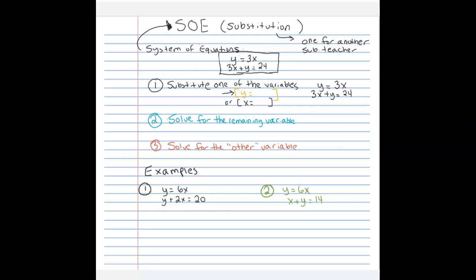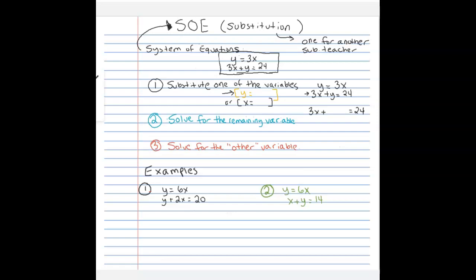So how does this work? I'm going to show you. I'm going to substitute the y in here. So I'm going to rewrite the last equation, this one. I'm going to leave this part blank. I'm not going to write y, I'm not going to write anything just yet. I'm going to leave this part blank, give it some space, and 24. This part we know.